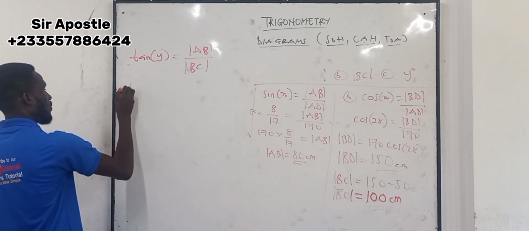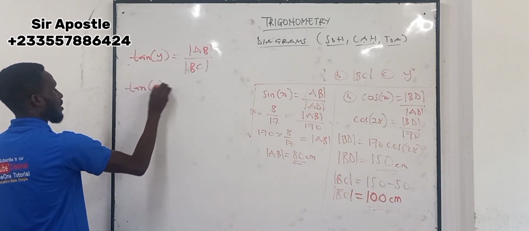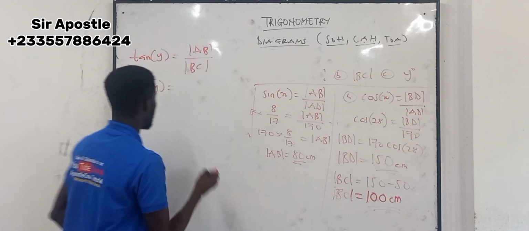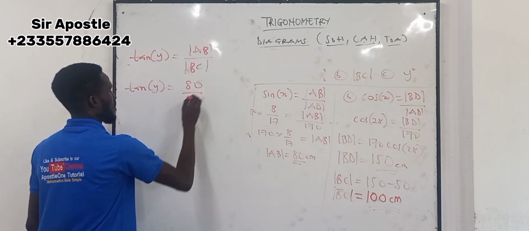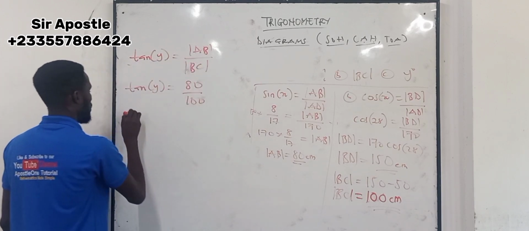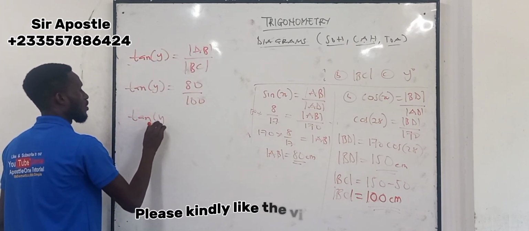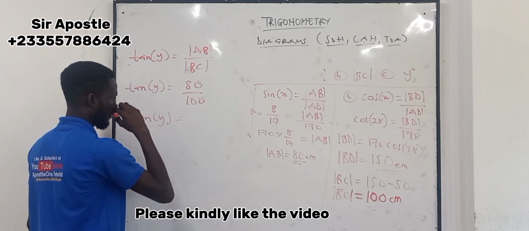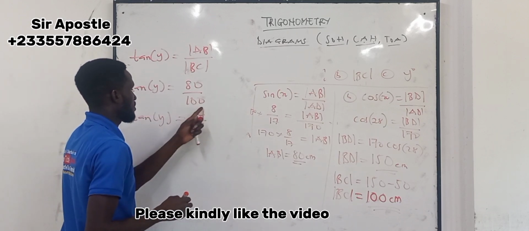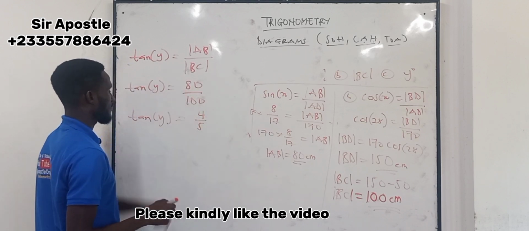Now, so we have tan Y is equal to AB, which is 80, and then BC is 100. So our tan Y will be equal to what? 4 out of 5, dividing both by 20.